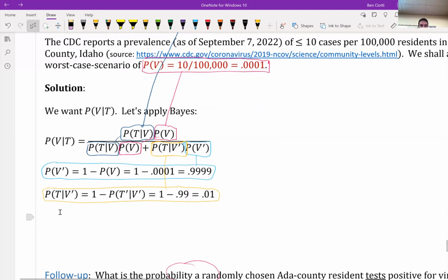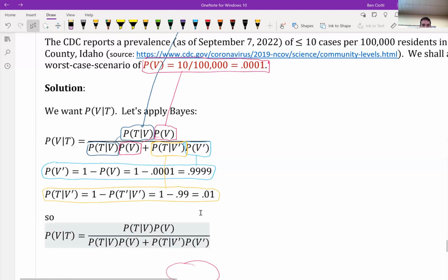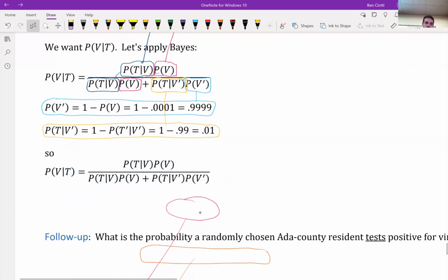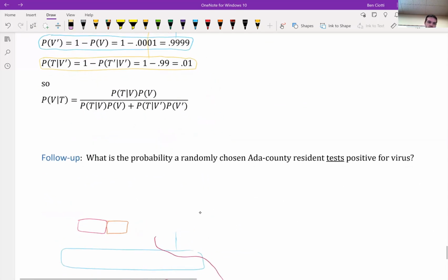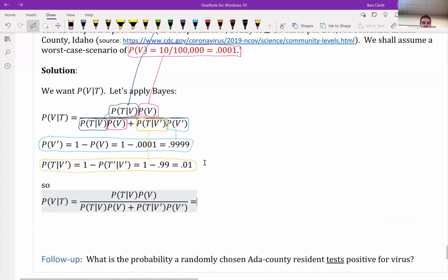okay, so this is equal to, let's just plug in all our numbers.